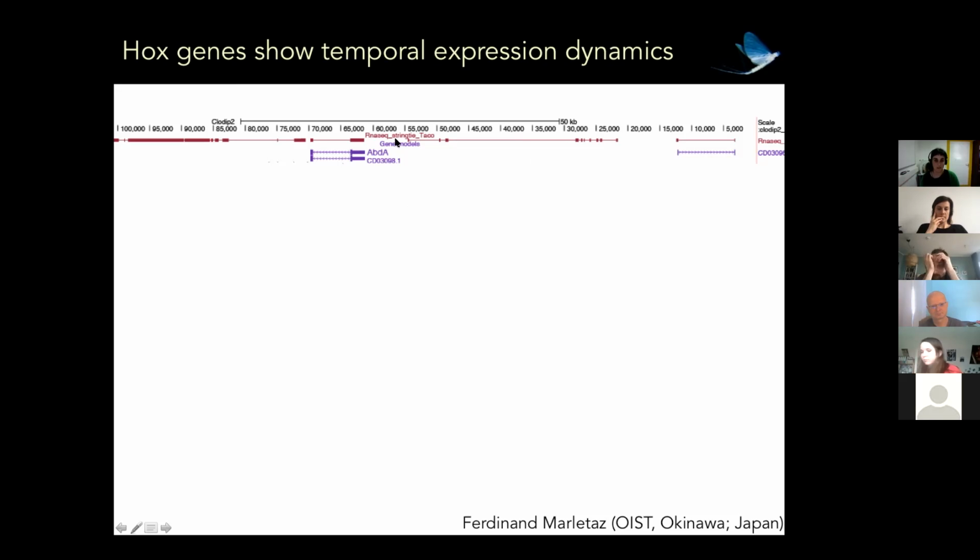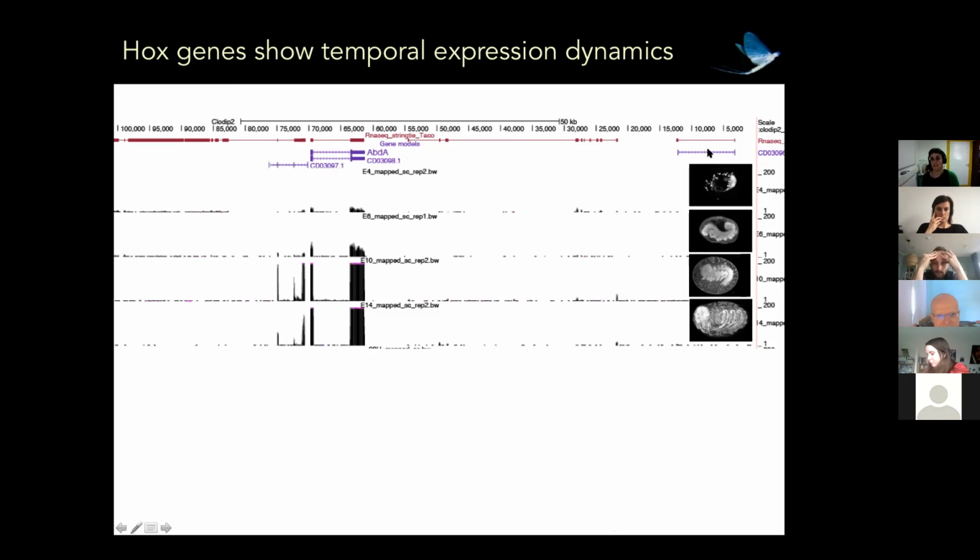This is a posterior Hox gene. So when we look at the transcriptomes, what we observe, as we expected, is that in early embryos the expression of this Hox gene is low, but as embryogenesis progresses, the expression of this gene increases.